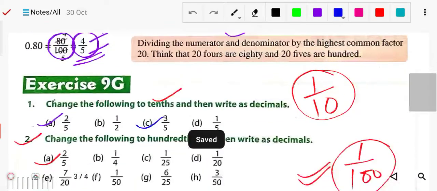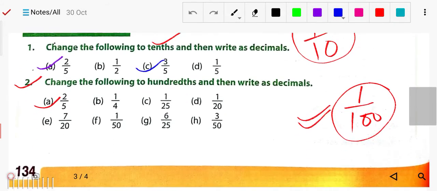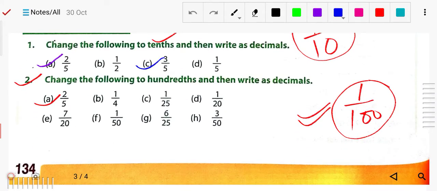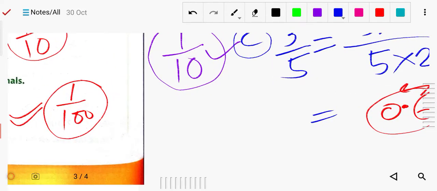Next question you can see. Next question number C, 1 by 25. Okay, so how will we solve 1 by 25?